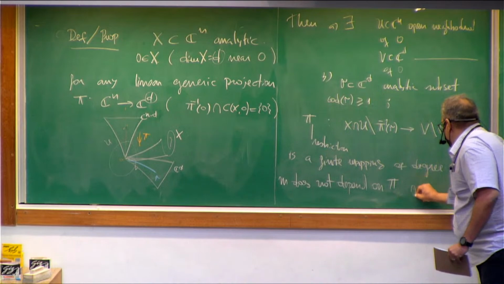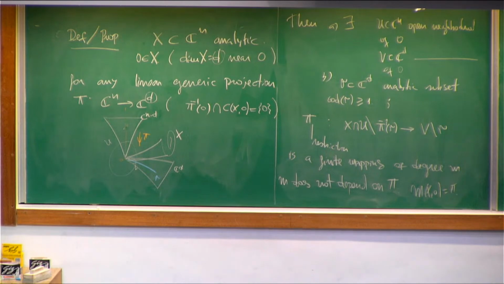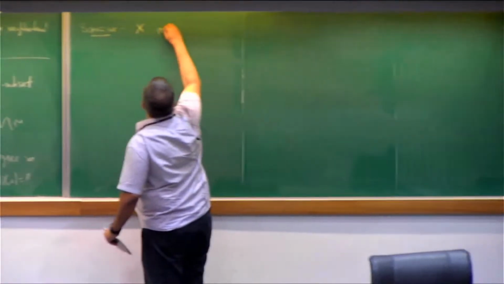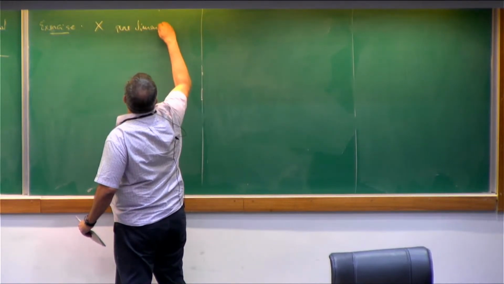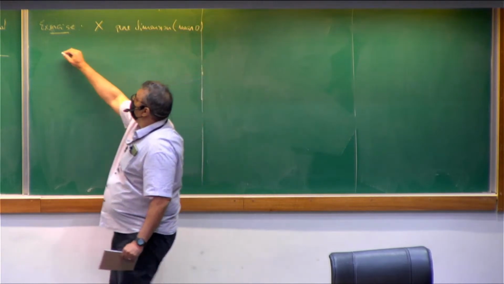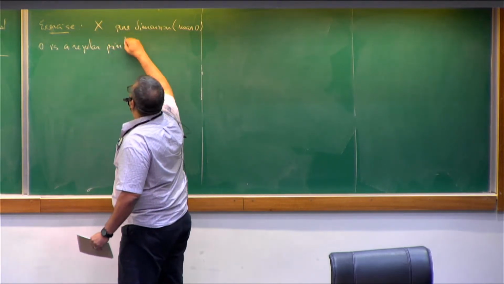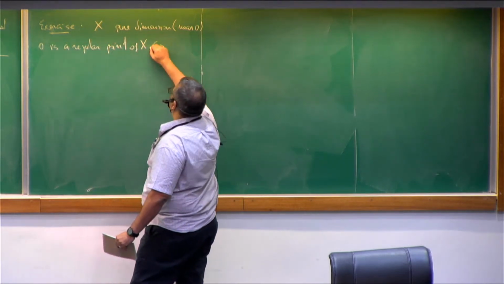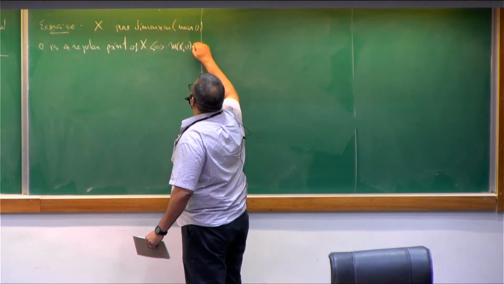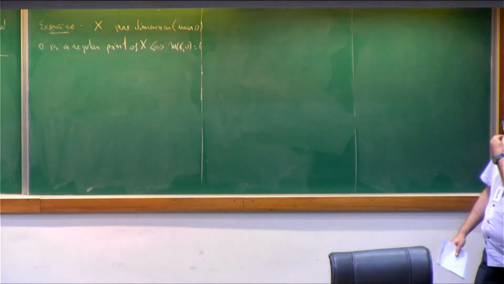What was solved by Professor Edison, the exercise, was: when X is of pure dimension, at least near 0, then 0 is a regular point of X if and only if this multiplicity is equal to 1. This was exactly the exercise proposed by Edison.